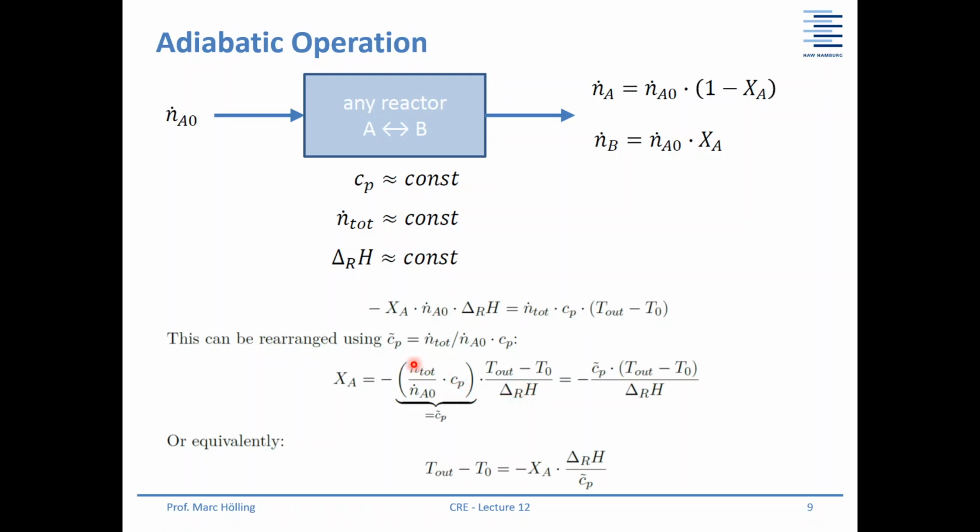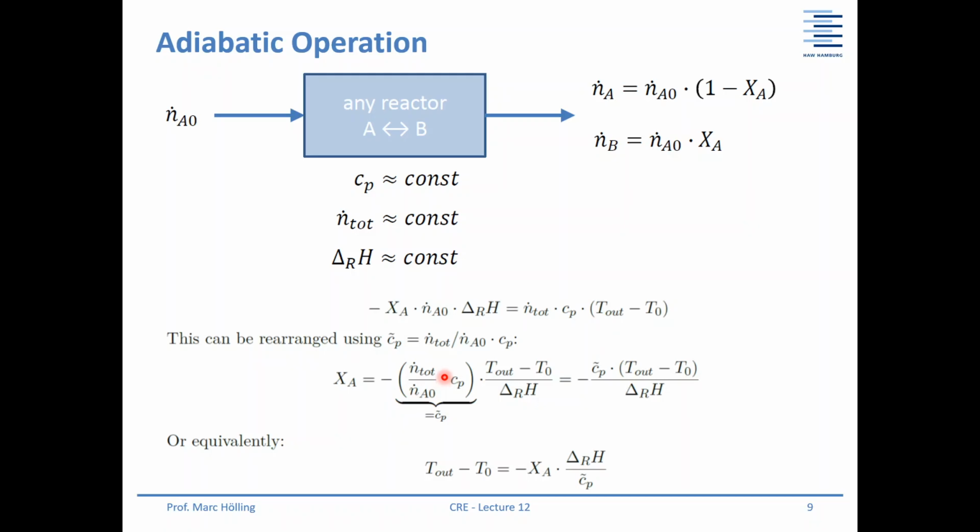And just to avoid much writing, you can introduce a new parameter, Cp tilde, and this is just the ratio of your total mole flow to your inlet mole flow of component A times the heat capacity of your total flow.